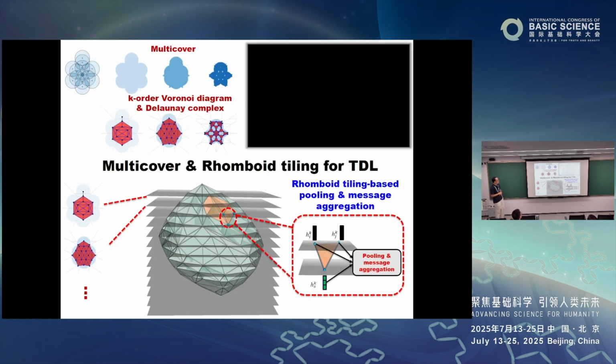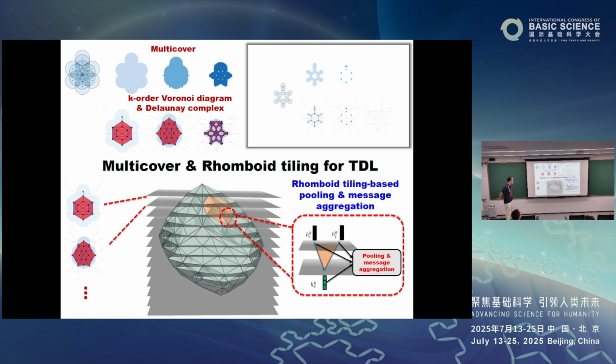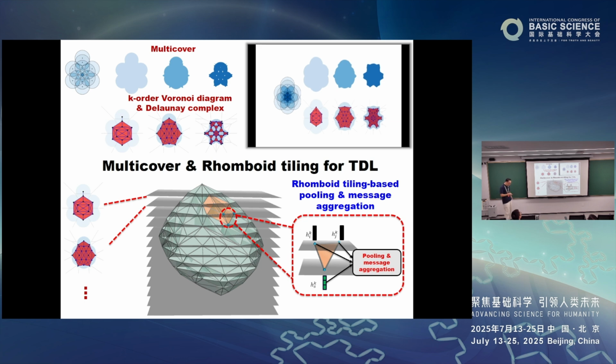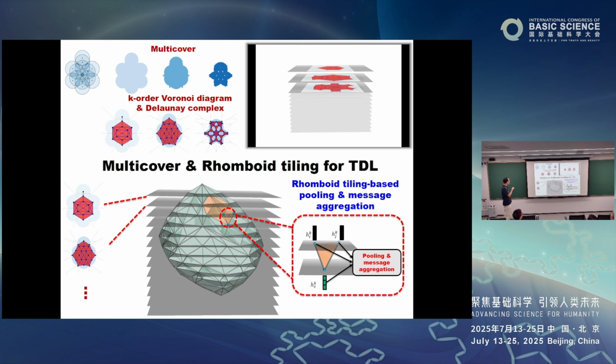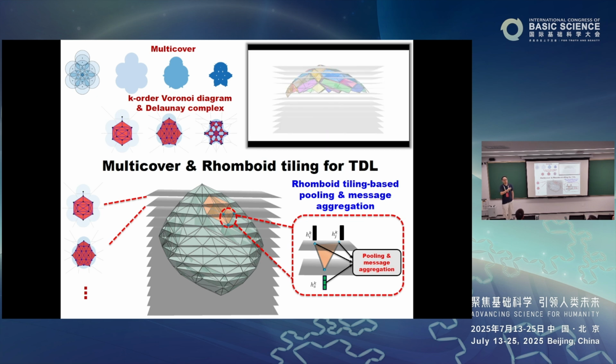So the very last topic I want to mention is our recent work on the multi-cover and rhomboid tiling settings for topological deep learning. So this one is basically like this. You have a bunch of points here, right? And each point you can associate with a sphere, just like we do in this filtration business, no big deal.